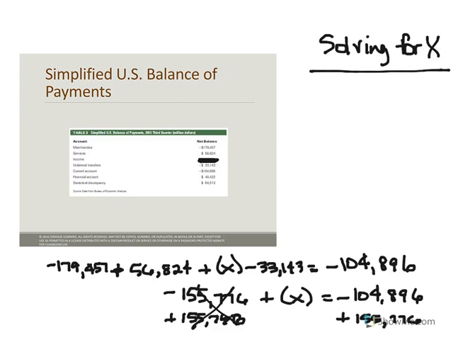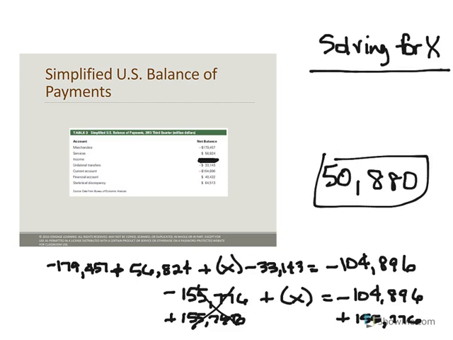So when I add the positive 155,776 to the negative 104, what I'm going to come up with is 50,880. So now I've solved for X, so now I know that is the value of my income account.